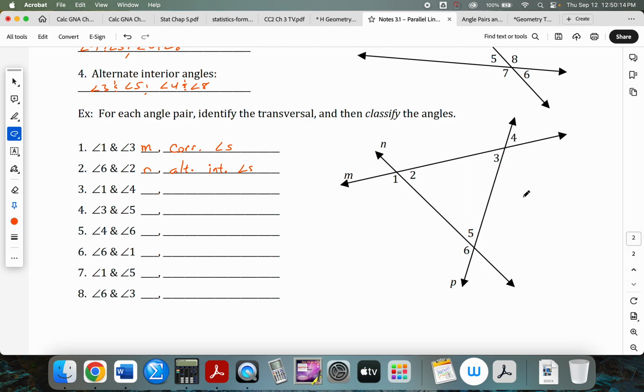All right, let's see. 1 and 4. Addie, what do you think the transversal is? M. M, that's exactly right. And Lexi, what kind of angles do you think those are? Alternate exterior angles? Yep, those are alternate exterior angles.